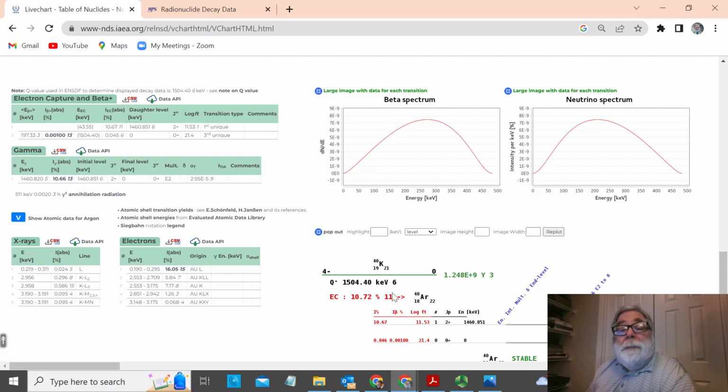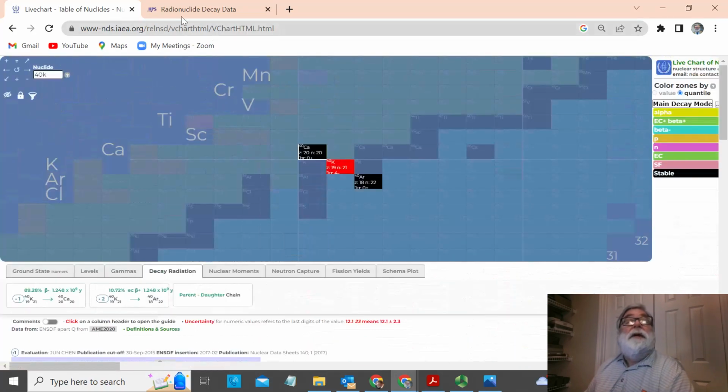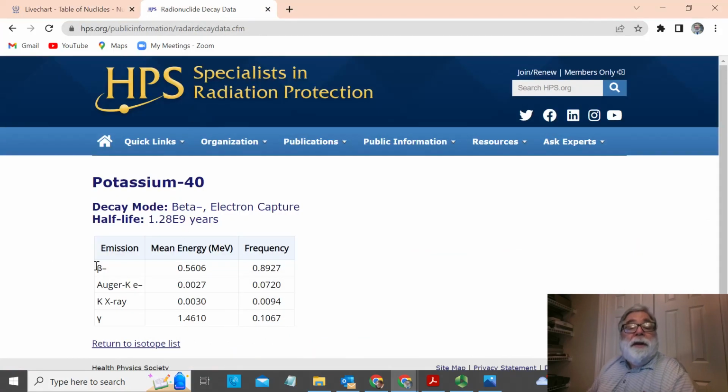So the majority of the time in this branch, about 10%, it's a K capture, and it emits a photon of 1.46 MeV. Very rarely, about 3 orders of magnitude less, it undergoes positron decay. Okay, so those are the modes that are possible. We're only interested in the beta particle. That was what the question is about.